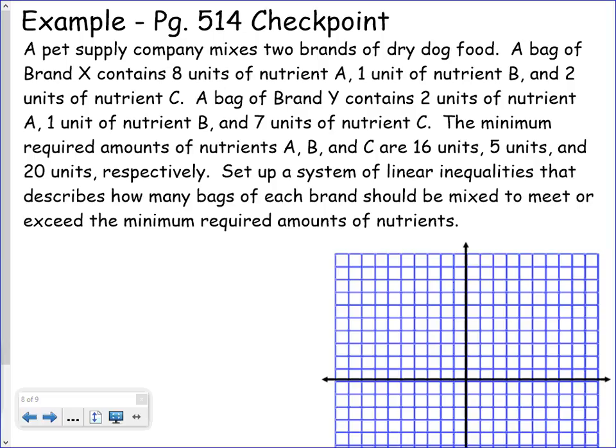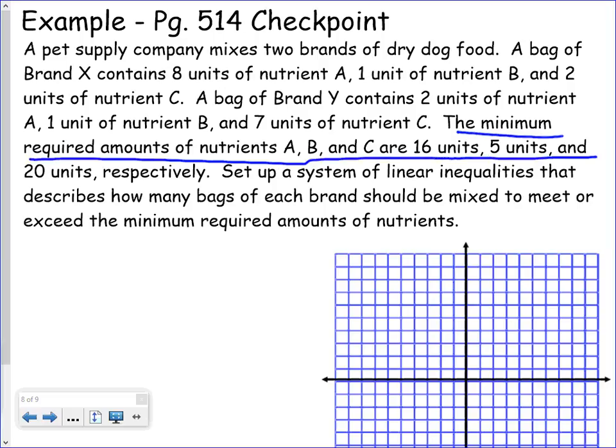Let me ask you this. In terms of inequalities like less than and greater than, what is your main concern in this problem? Less than what number, greater than what number, or expression? So A has to be greater than or equal to 16, B has to be greater than or equal to 5, and C has to be greater than or equal to 20.